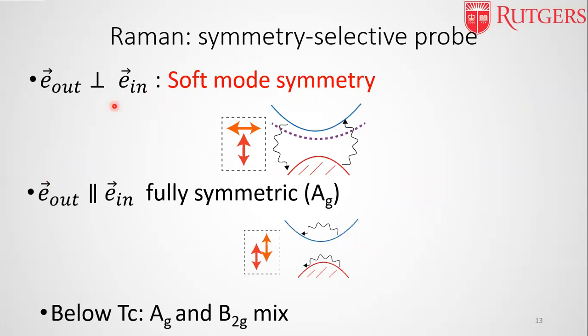In particular, if the polarizations of the outgoing and incoming photon are perpendicular, you're probing excitations with the symmetry of the soft mode of the order parameter, essentially, or interband transition. If they're parallel, you're probing fully symmetric. And below TC, these two different types of excitations will be mixed, and they will appear in all polarization geometries.